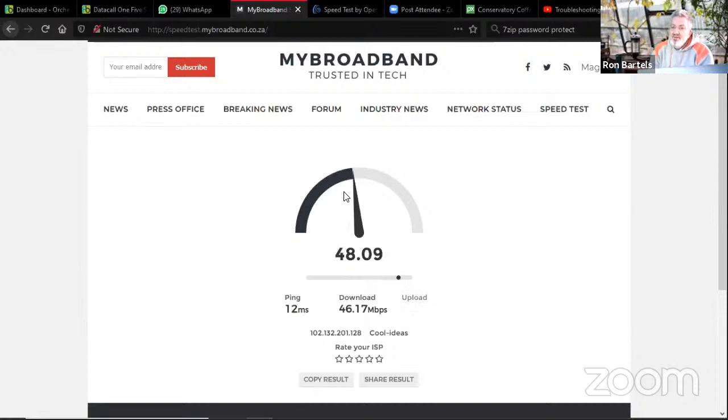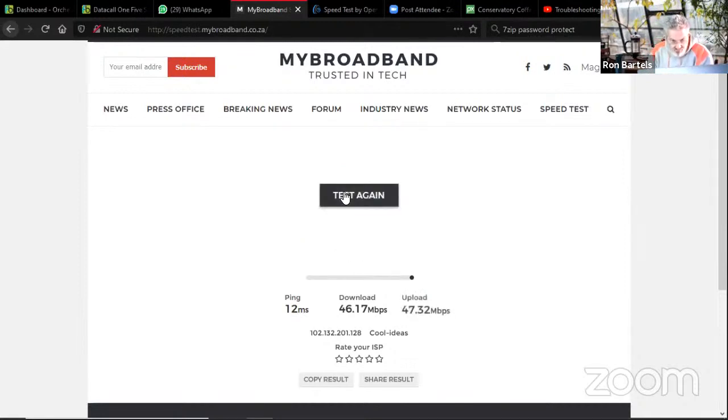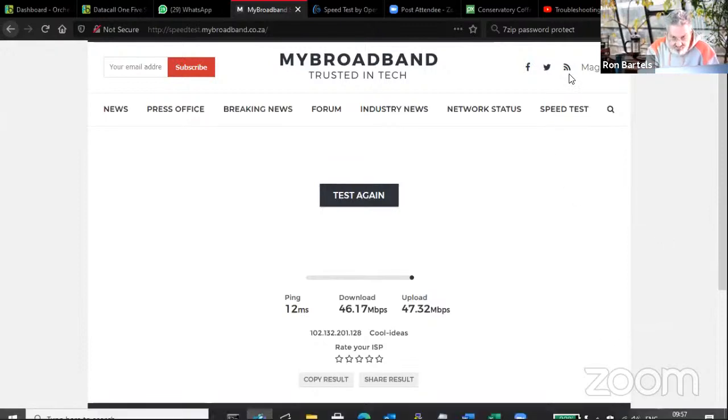In most cases they'll not get more than 30 megabits per second when they do a speed test. Here you can see in our environment we get way more than that, because we aggregate those two, and in aggregating those two, we actually get more bandwidth.